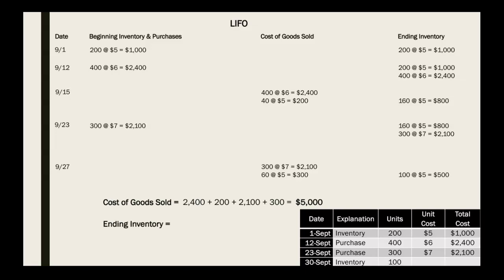Then our ending inventory, once again, is just looking at the last day. So on September 27th, what was your ending inventory worth? It was worth a total of $500.